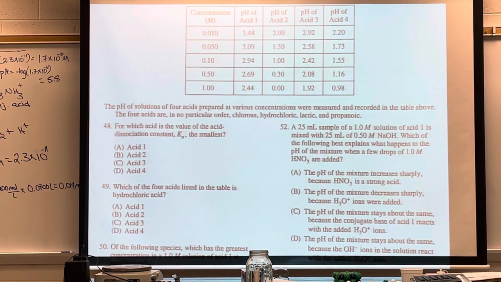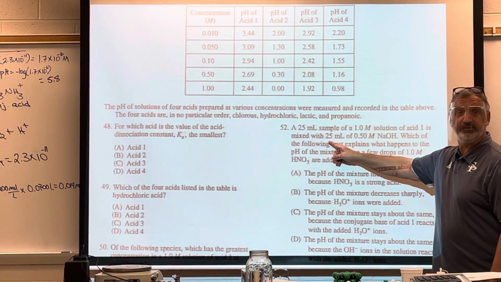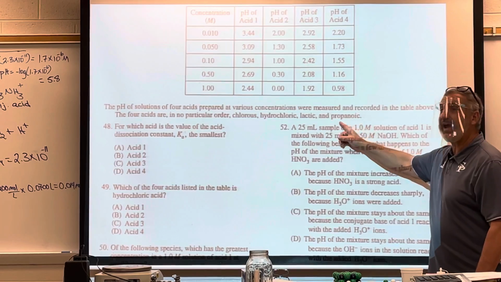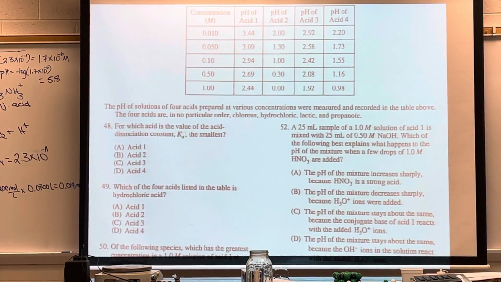At the half equivalence point, right? You're halfway there, because if it's half as concentrated, it's going to take twice as much, right? So I'm at the half equivalence point.